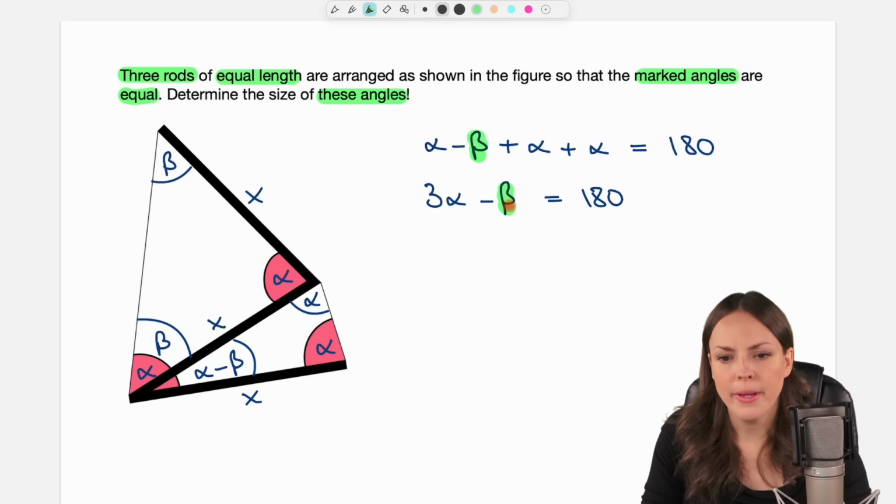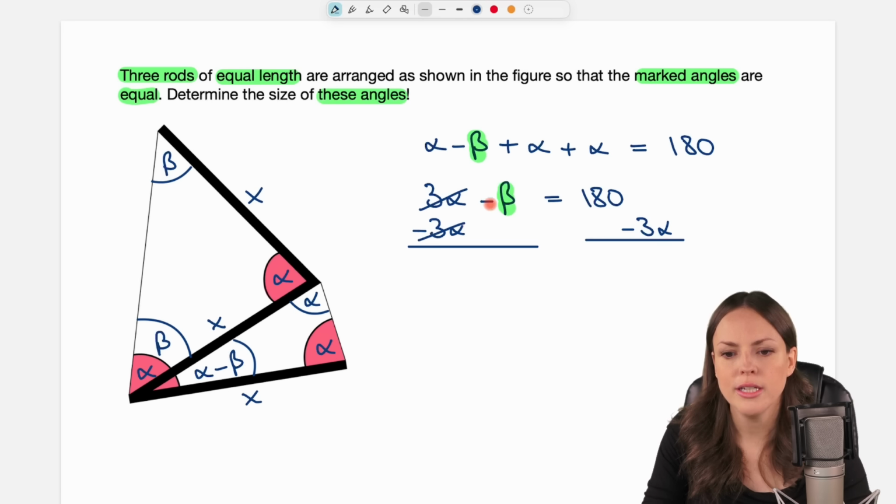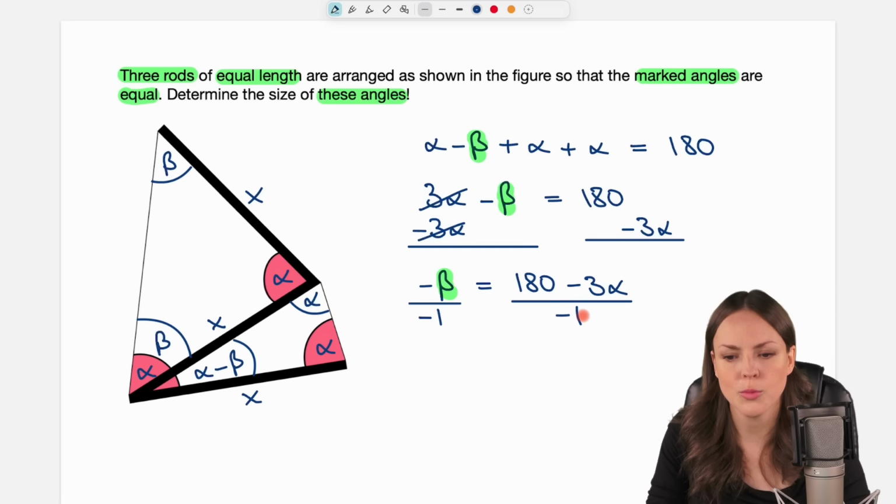To solve for beta, let's get rid of the 3 alphas, so we subtract 3 alpha on both sides of the equation. This cancels out here, minus beta is left, and here 180 minus 3 alpha. To solve for beta, we have to get rid of the minus here, so let's divide both sides of the equation by -1 here and here as well.